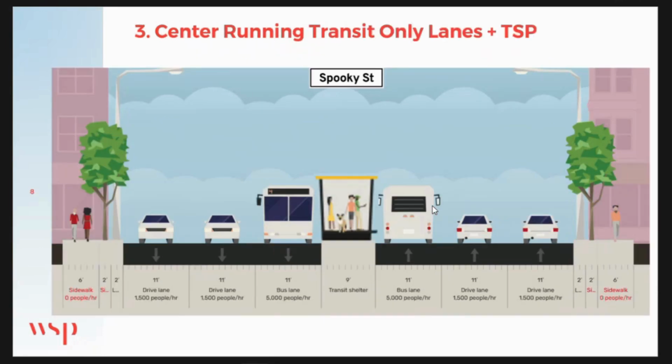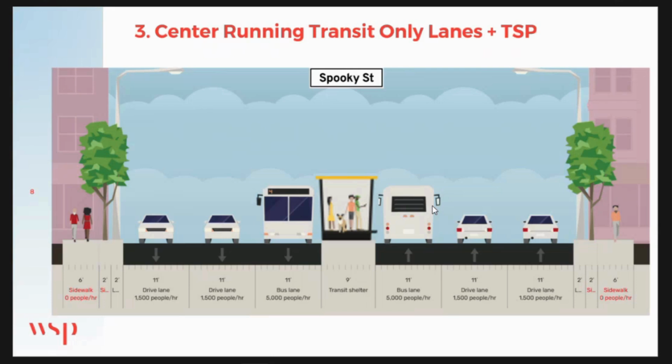Then you can see here, this would be the center running two lanes. For this one, you can see there's the center platform here, and there are two bus lanes, one for each direction. There are a total of 6 travel lanes here, and it will take a lot of right of way.